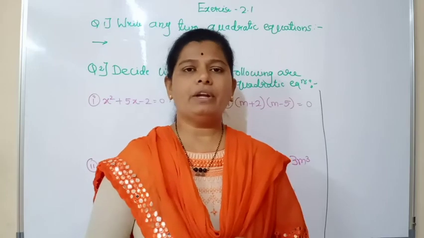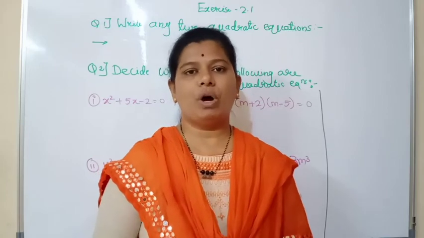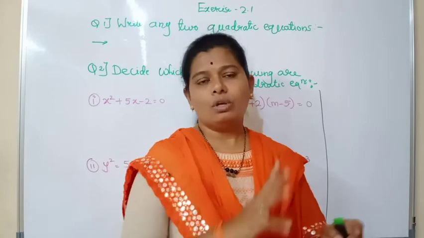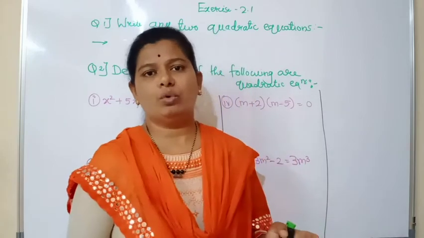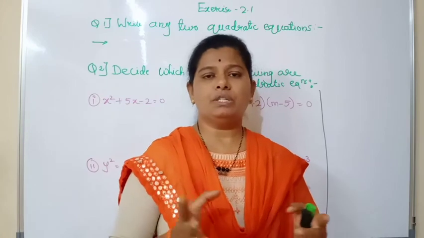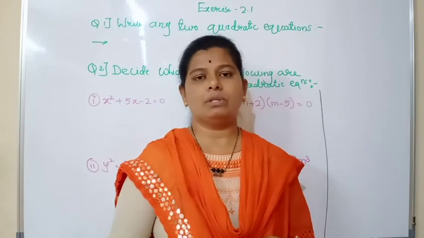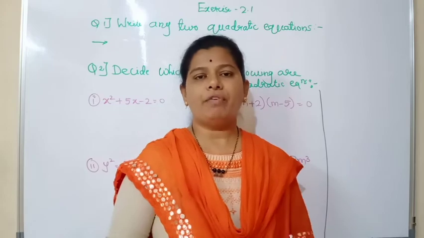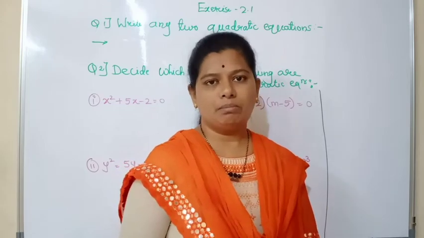So we can write any two equations having one variable with degree 2. This is an open-ended question because the answer may vary. Students may write any kind of equation by taking any variable and using any numbers.